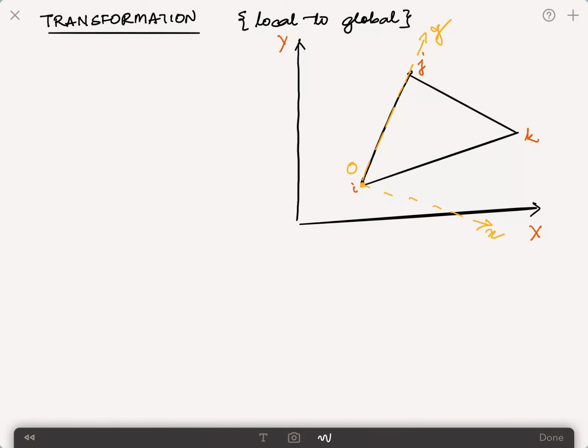So in order to generate the transformation matrix, let's call the transformation matrix T. In order to generate this transformation matrix, we need to have the direction cosines of these lines, the ox and the oy, with respect to the global axis X and Y. Now, since the direction cosines of the line oy is same as ij, it's quite easy to write the direction cosines for that.